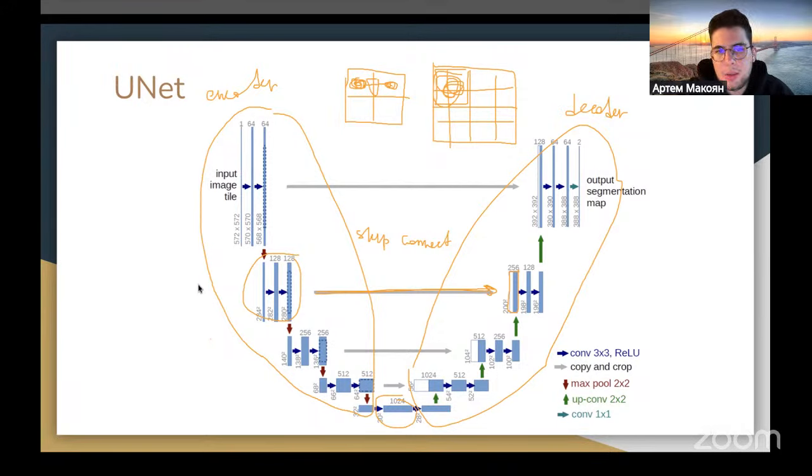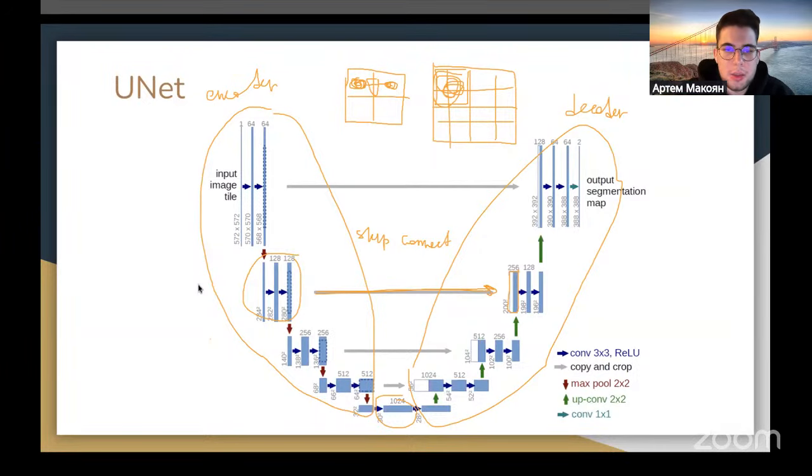But you can use some convolution, or before the task, you can pad the image to make the size a power of 2. For example, if you have an image 100 by 100, pad it with 14 on each side, and you will get 128 by 128. It's more about practice, more about technical tricks.